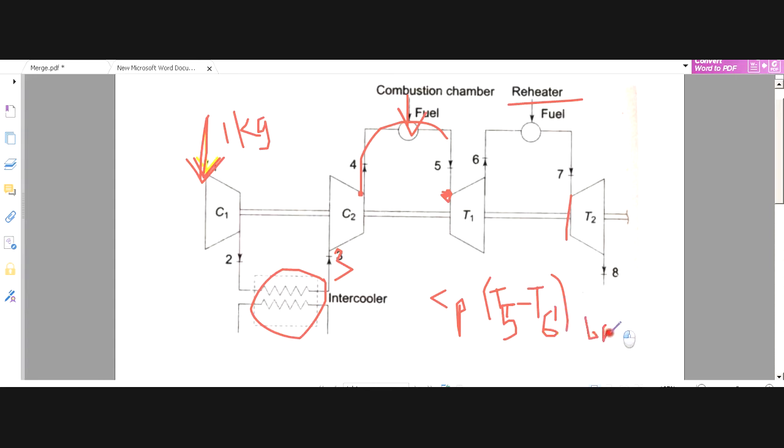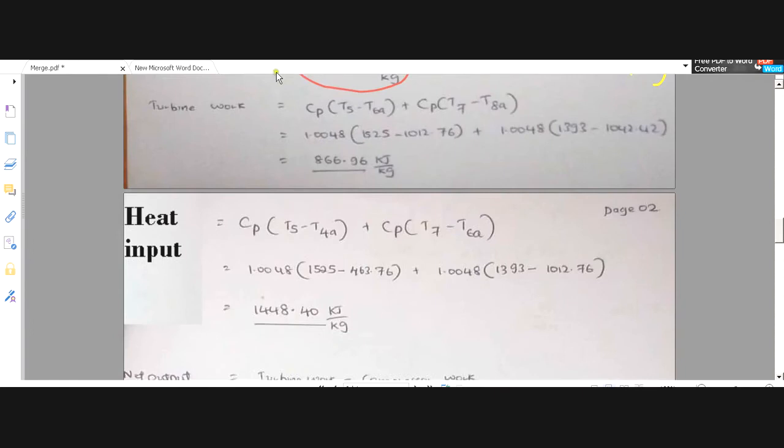So it is the temperature difference between the input and the output of the turbine. The input temperature is higher because we are going to charge it. The same applies to the second turbine. This is how you evaluate the turbine work. See this, now I am talking about this. Very easy. See, guys, carefully see.